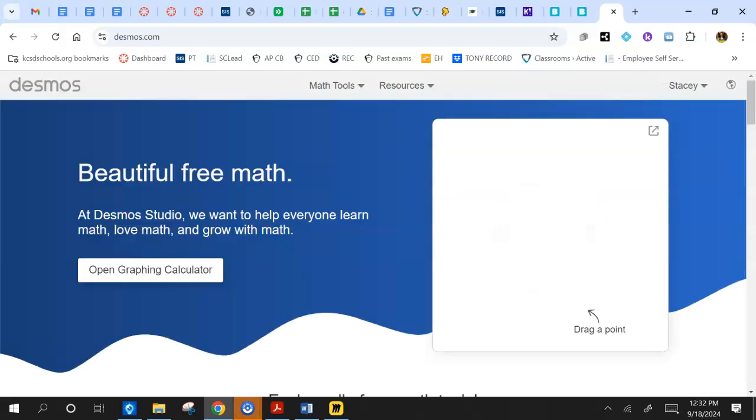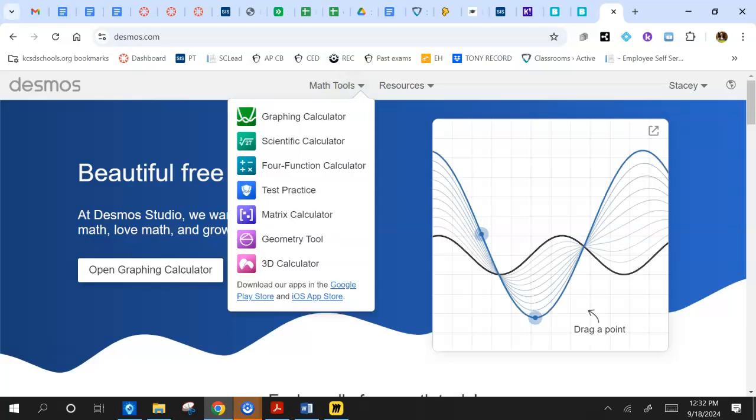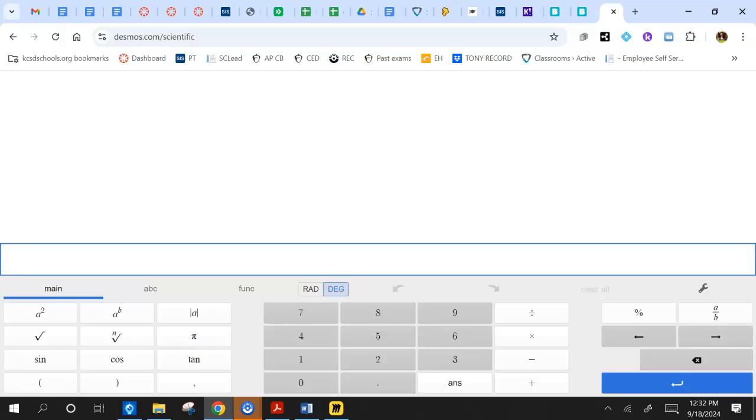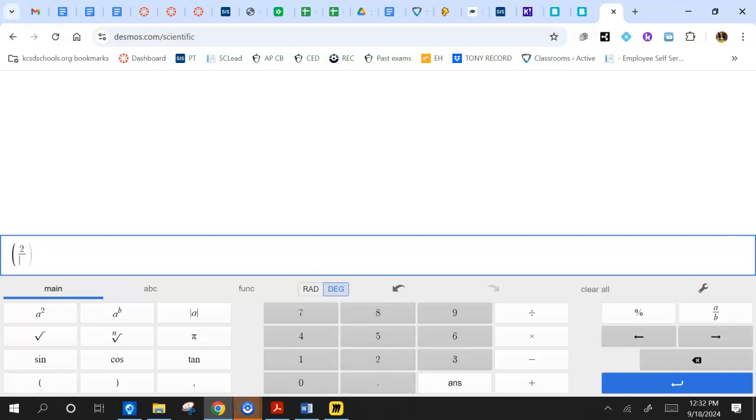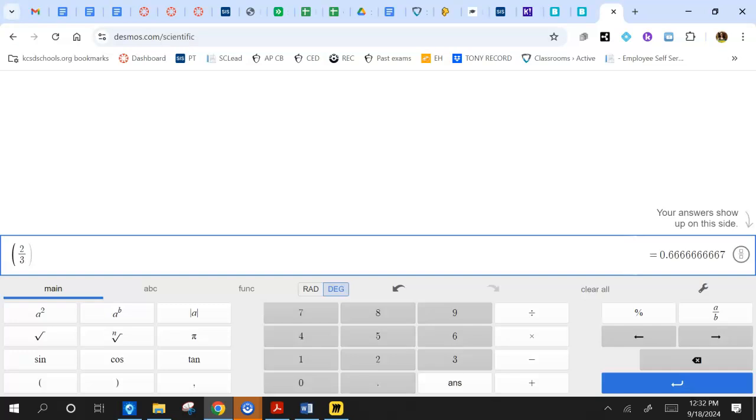All right, when you do 2 over 3 on a calculator, you want to do a parentheses, then a 2 divided by 3, and then you want to close the parentheses. Uh-oh. I got to come over here and close the parentheses, okay? On those kind of calculators, same thing, you want to do parentheses.